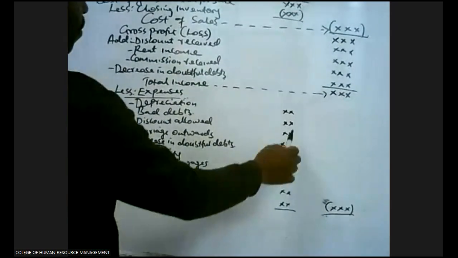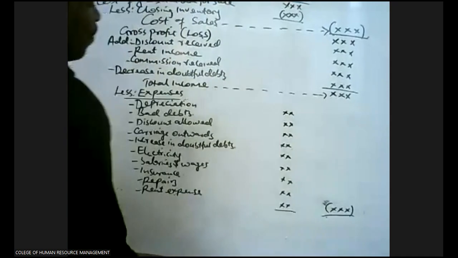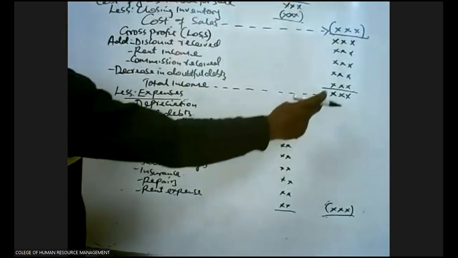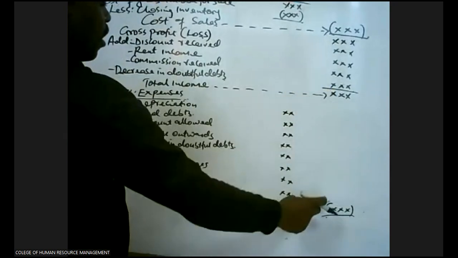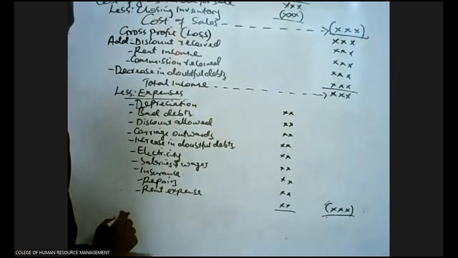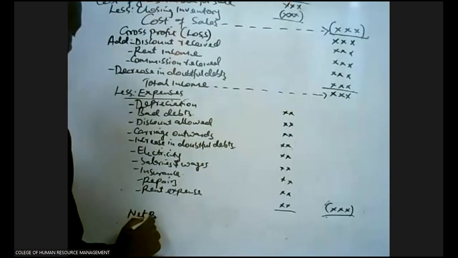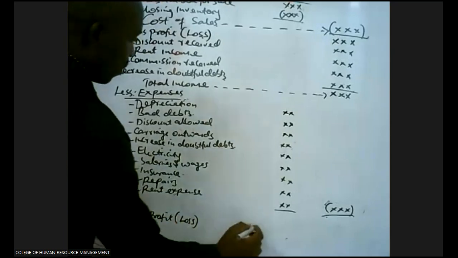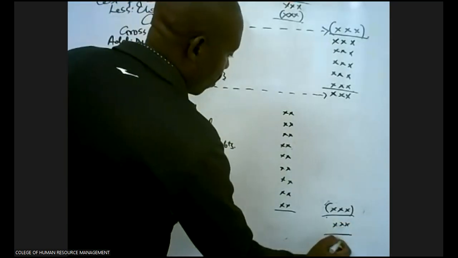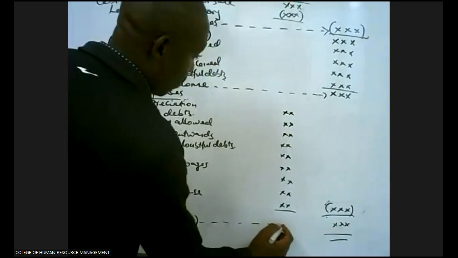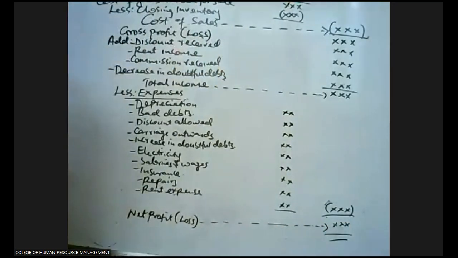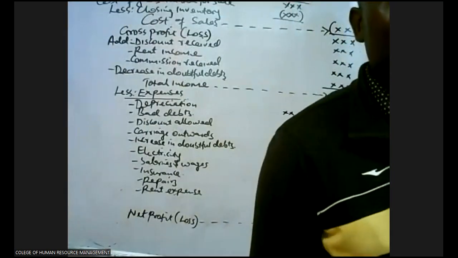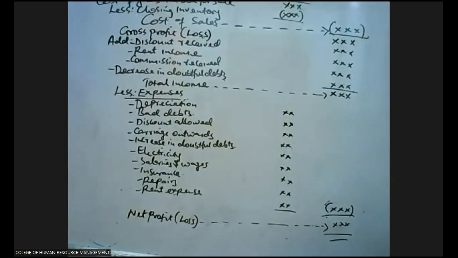Then the difference between the total income and total expenses gives you either the net profit or a net loss. That is the end of your income statement.